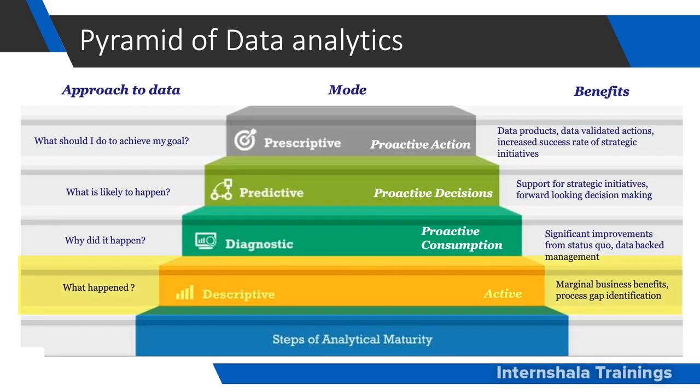The bottommost or the first step is descriptive analytics. In this step, businesses try to find out what happened. So, using data, a business analyst tries to find out what happened. For example, let's assume that you own a chocolate business in India.